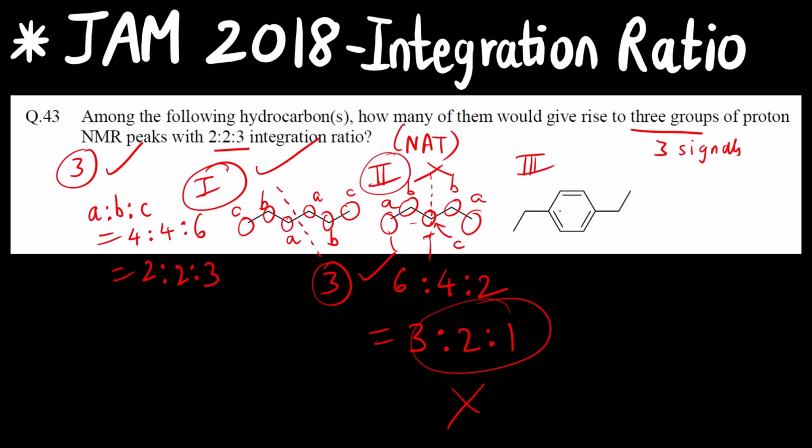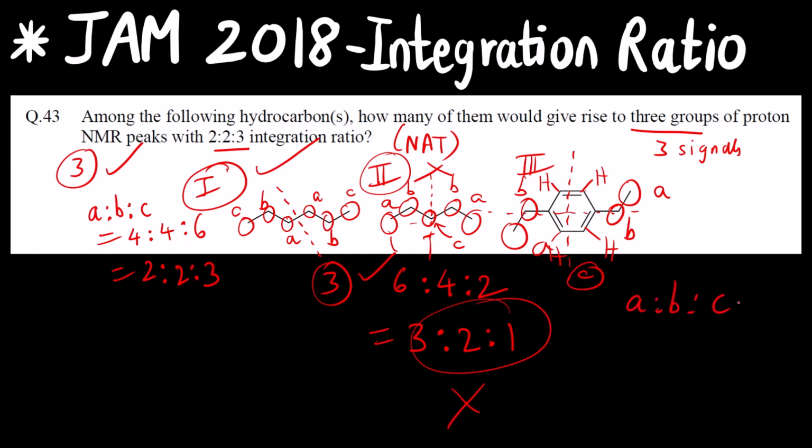Now the third one: is there a plane of symmetry present here? The answer is yes. This methyl and this methyl are A, CH2 is B. There is one more plane of symmetry present, this one. So all the benzene protons, 4 protons, are equivalent. So 4 protons will show C. What is the ratio?